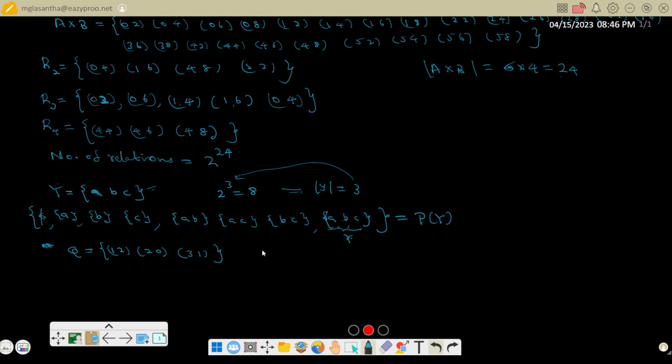Set of sets. Power set includes all the subsets of Y. P(Y) means all subsets of Y. Right? Okay. Is it clear? Then how many subsets are there?